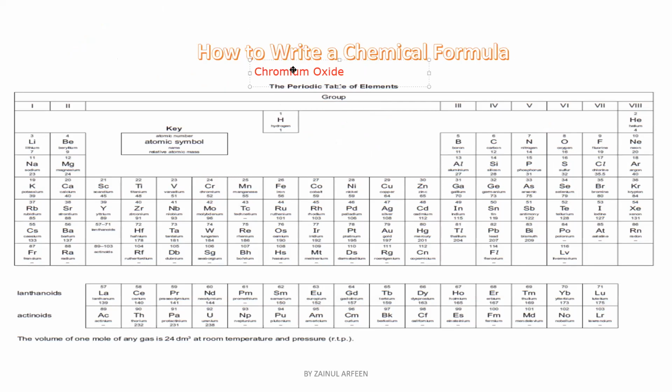It is written chromium 6 oxide. So first we'll find chromium. What is the charge of chromium, Saim? It's written Roman number 6. So this Roman number represents the charge. So what will be the charge of chromium?